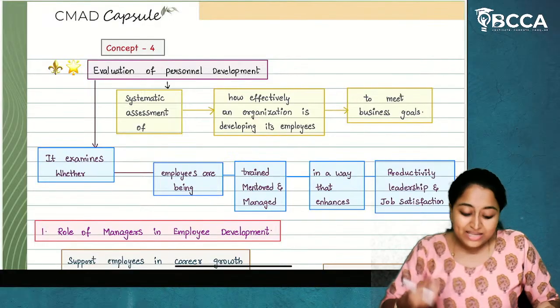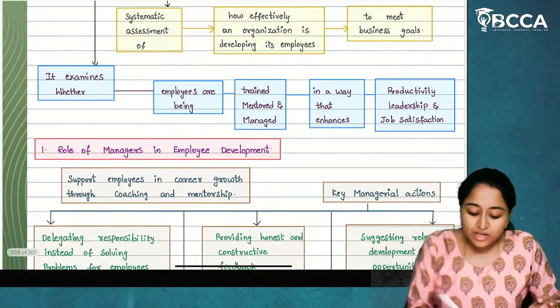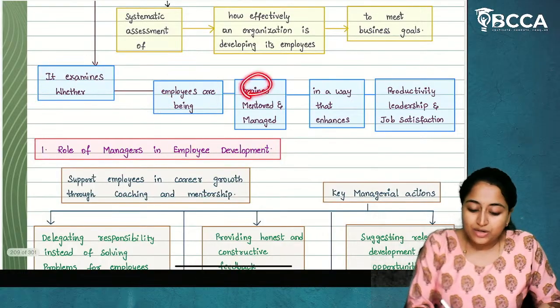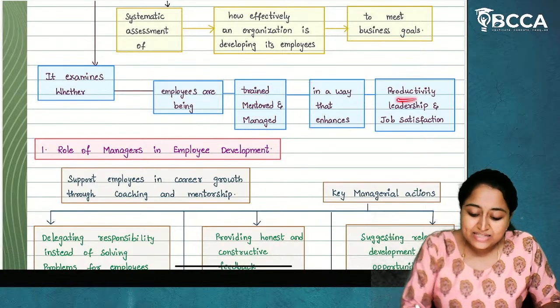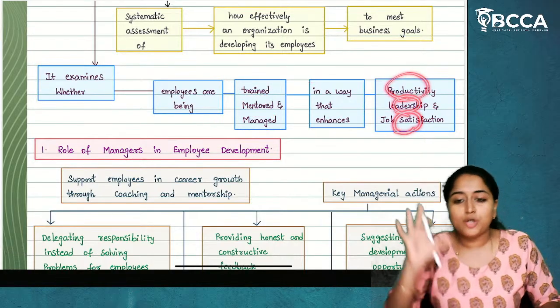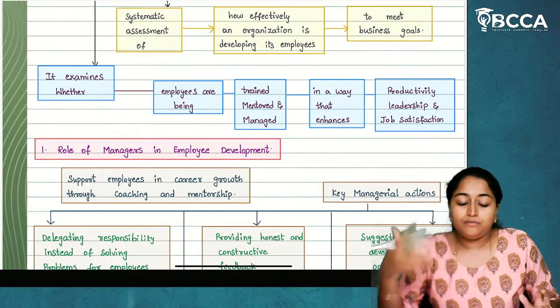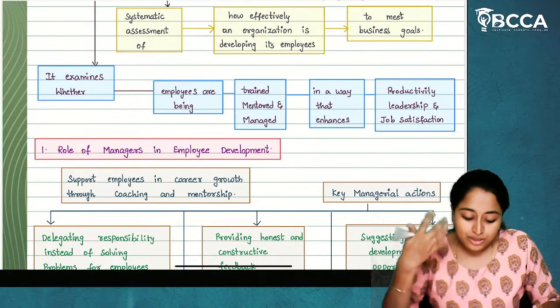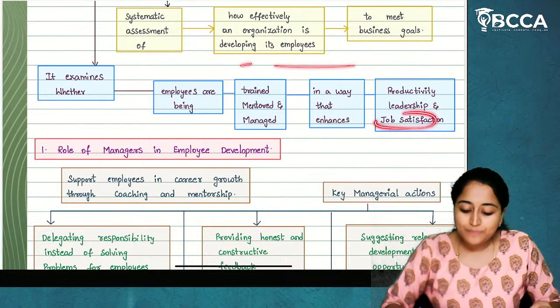Now what does this evaluation of personal development tell us? It examines whether employees are being trained, mentored and managed in a way that enhances the productivity, leadership and job satisfaction. So how employees should be improving, employees should have a betterment in their job so that they will have a job satisfaction.